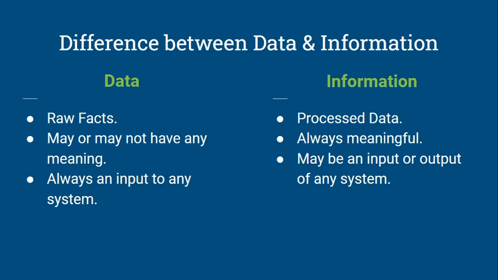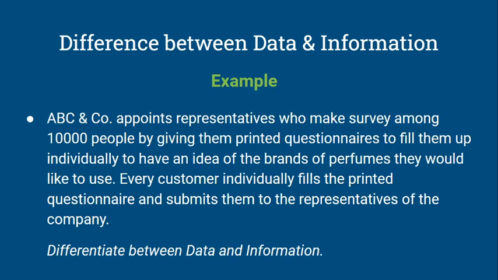Now, data will always act as an input to any system to get itself processed, whereas information may be an input or output of any system, as we have learned that information can be further processed to get more and more meaningful information. Now, if we take an example, we can clearly understand the difference between data and information in a real life situation.